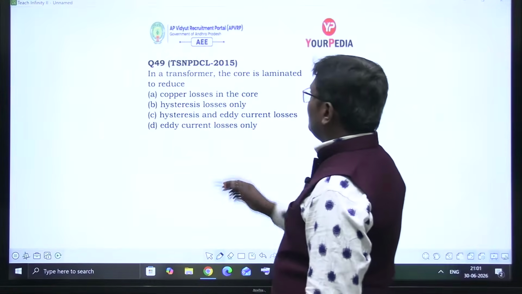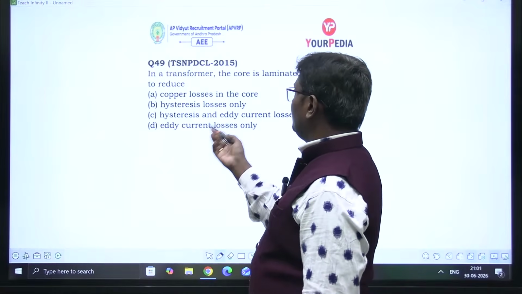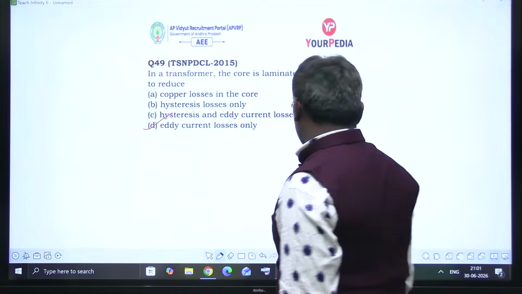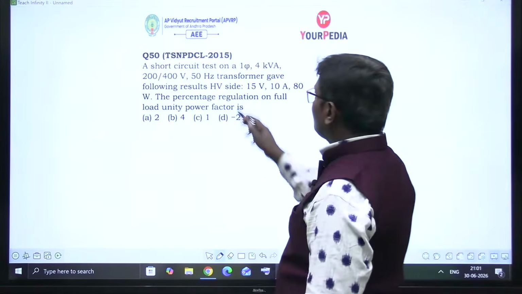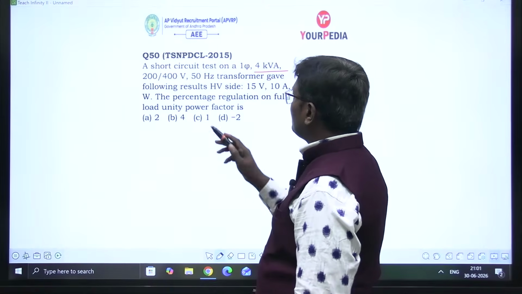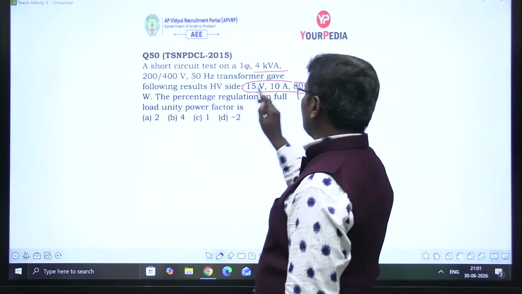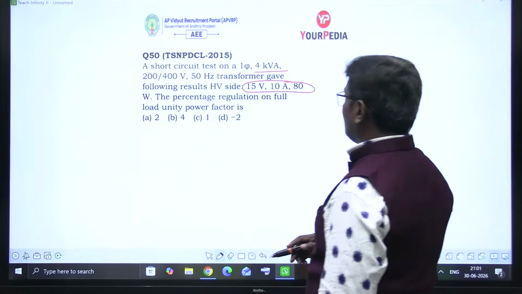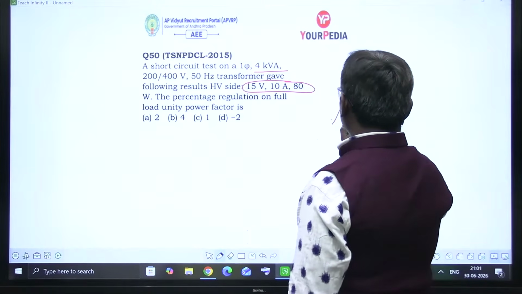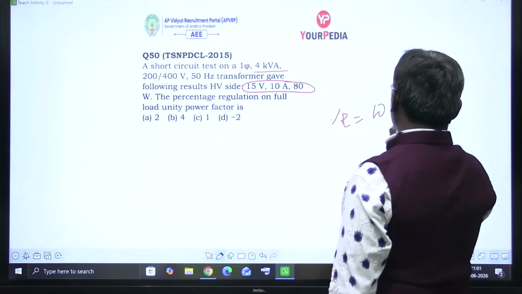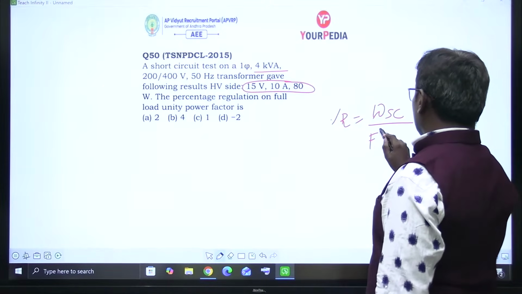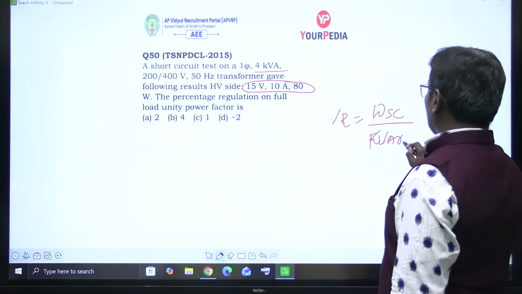Now, the transformer is laminated in order to reduce only one loss, eddy current losses. And a short circuit test on a single phase 4 kVA 200 by 450 transformer gave the following results: 15 volts, 10 amperes, and 80 watts. The percentage regulation is asked. So percentage regulation is equal to WSC by kVA rating into 100.